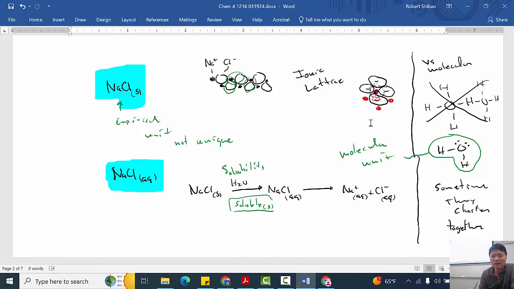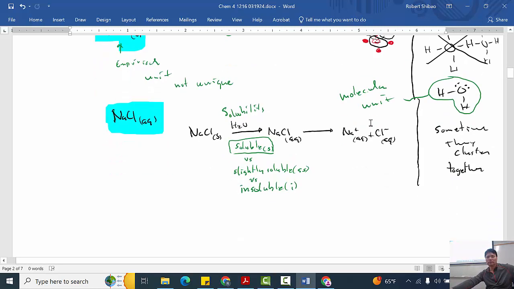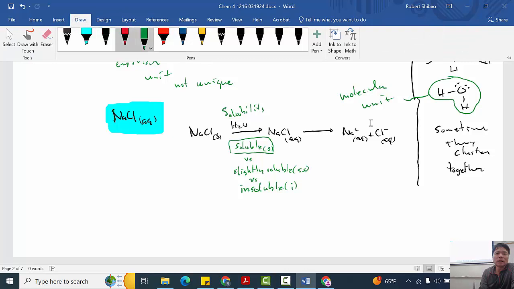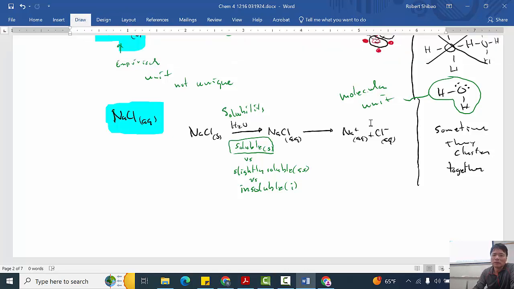In this case, it's soluble versus slightly soluble, SS versus insoluble, which gets the I. The second step to this we call electrolyte properties. And it breaks up into ions.